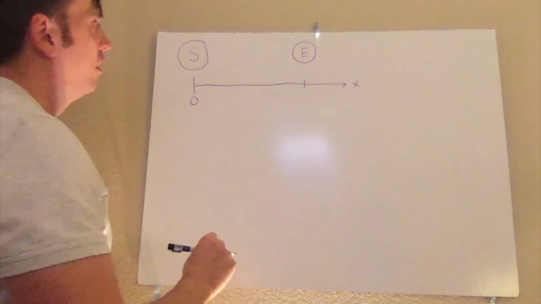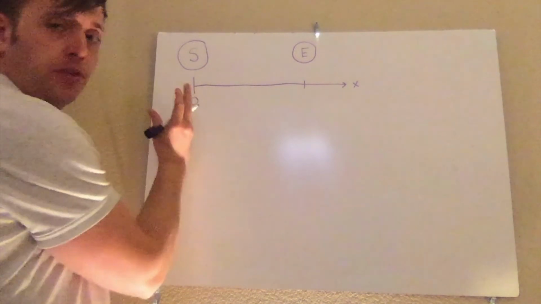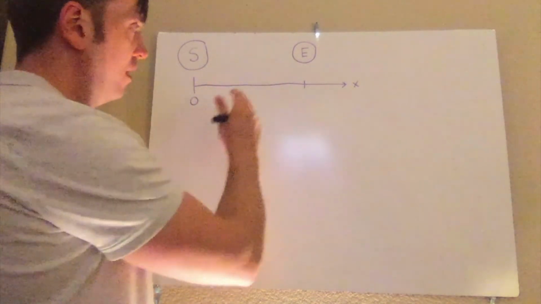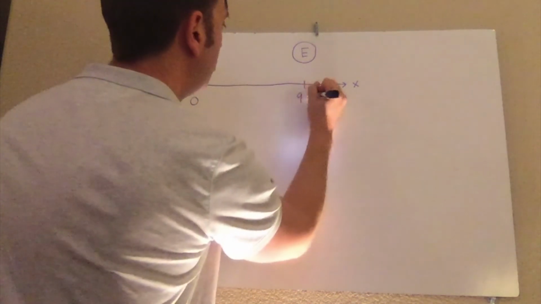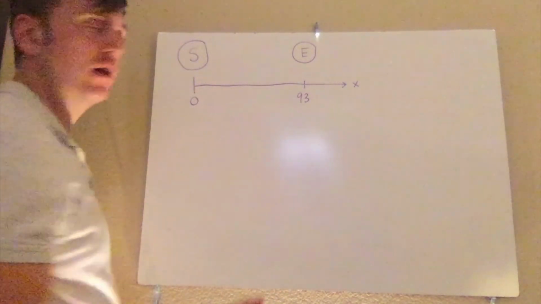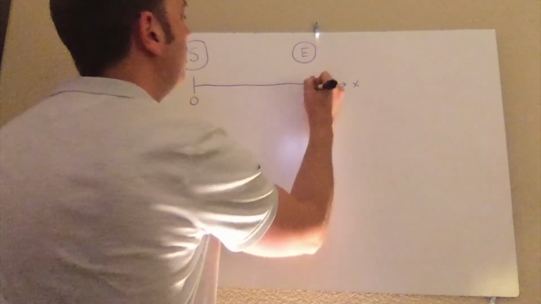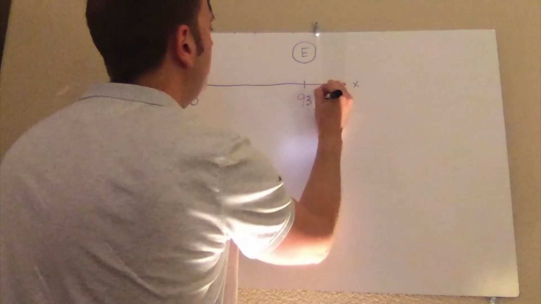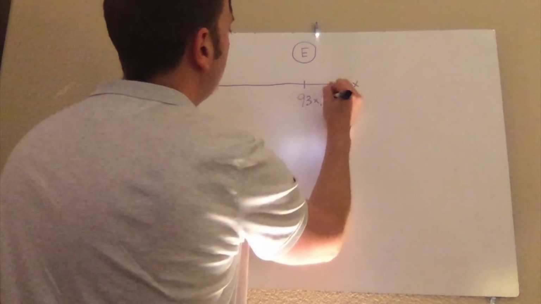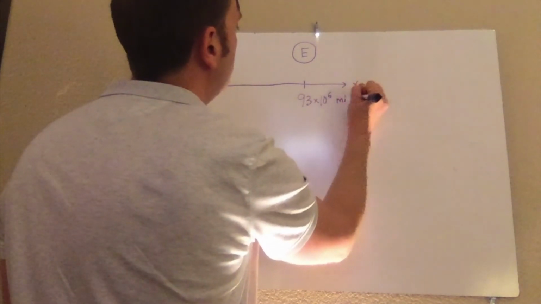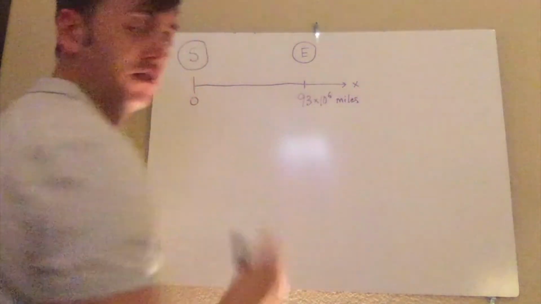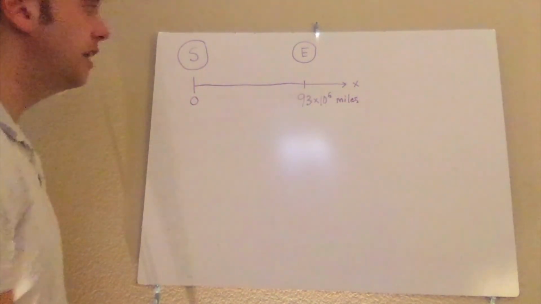Okay? So if x equals 0 is the center of the Sun, then x equals 93 million miles, or in scientific notation, 93 × 10^6 miles, because a million is 10 to the 6th power. That's the x-coordinate of the Earth.